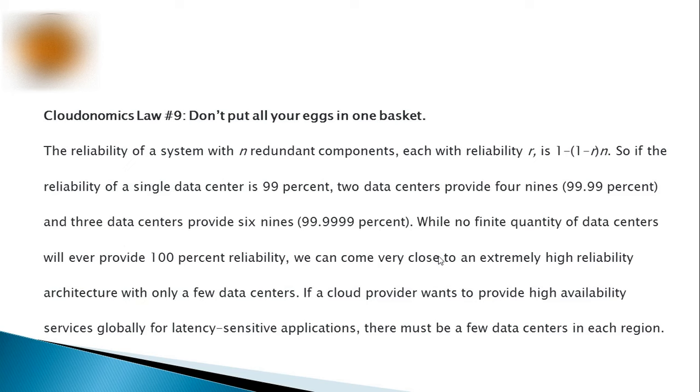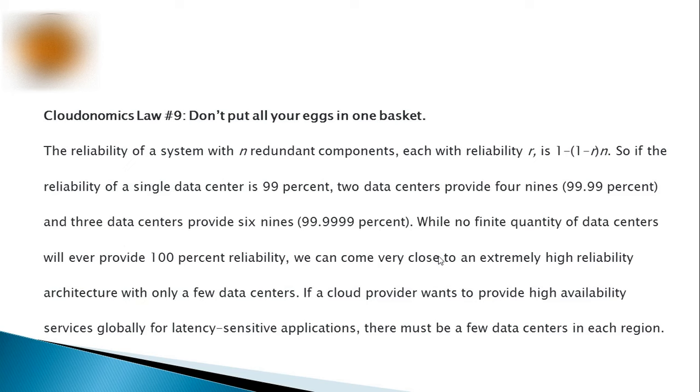So what does this particular concept say? The reliability of a system with n redundant components, each with a reliability of r, is 1 minus (1 minus r) to the power n, so that the reliability of a single data center is 99%. What they are saying is, even though you increase the number of servers, this availability ratio will never touch 100.